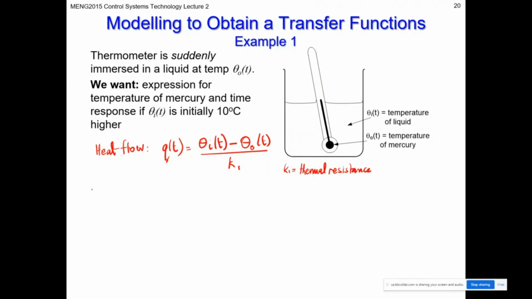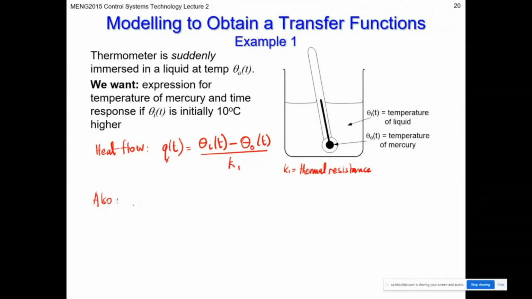Right, but also we've got a relationship between heat flow and the rate of change of temperature in the mercury. So we actually have another equation we can use as well.